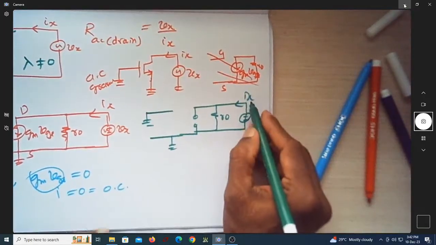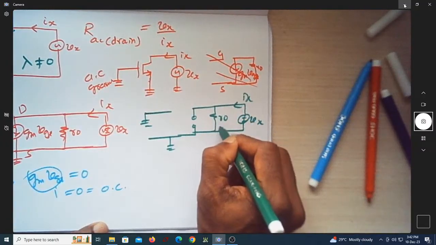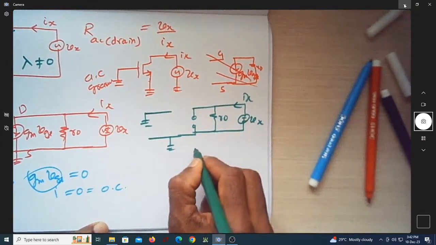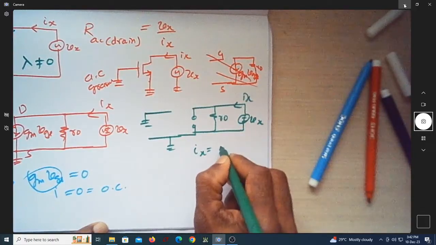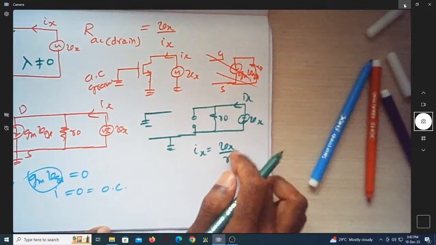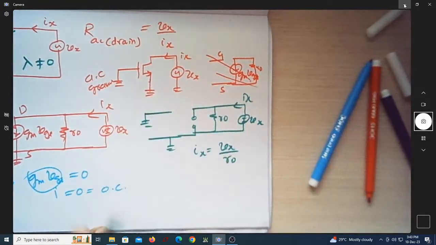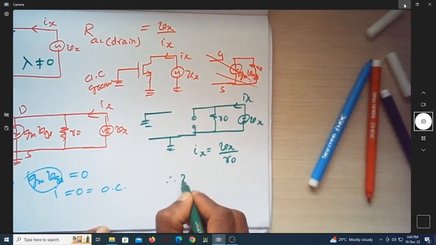Then what is Ix equal to? Ix is the current going into the resistor, the voltage is Vx. So I can write Ix is equal to Vx by R0. This R0 is associated with the MOSFET. Now what is Vx by Ix?